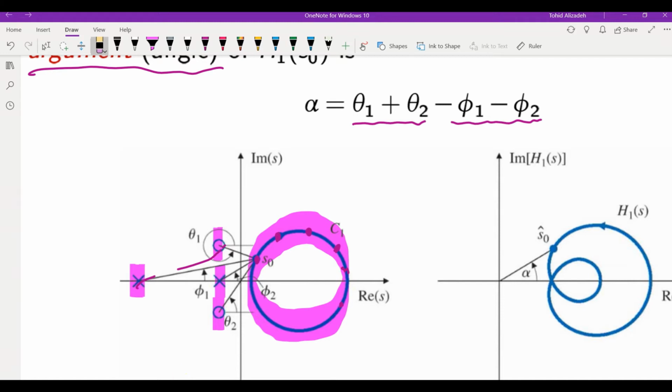In order to evaluate the angle contribution from the zeros and from the poles at a given point like S0 that we have here, we need to connect that zero or pole to the point S0, draw a straight line in parallel with the real axis towards plus infinity from that zero or pole, and then find the angle between that horizontal line and the line which connects the zero or pole to the point like S0.